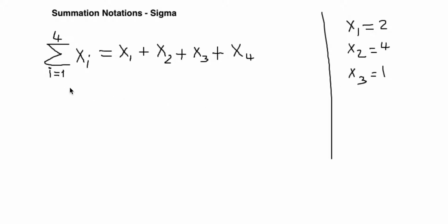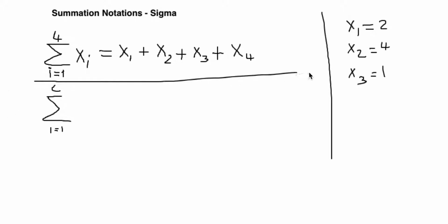So let's look at this example now. What would be the value of this notation here? By the way, sometimes we don't even see the index i equals 1 up to something. If it's very clear, we just see the summation notation. And for this one, let's close this off, right? That's for the first example.